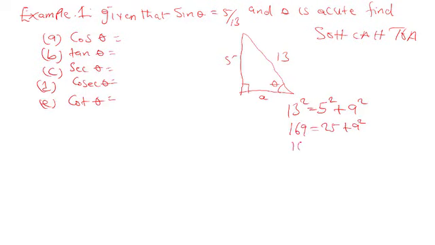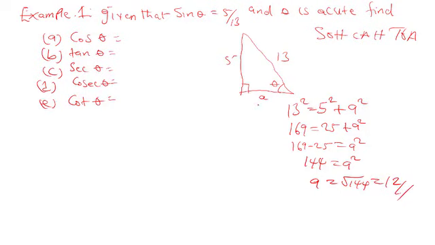So we have 169 minus 25, which is 144, equals a square. So the value of a is the square root of 144, which is equal to 12. You know, 144 is a perfect square, so the square root of 144 is equal to 12.